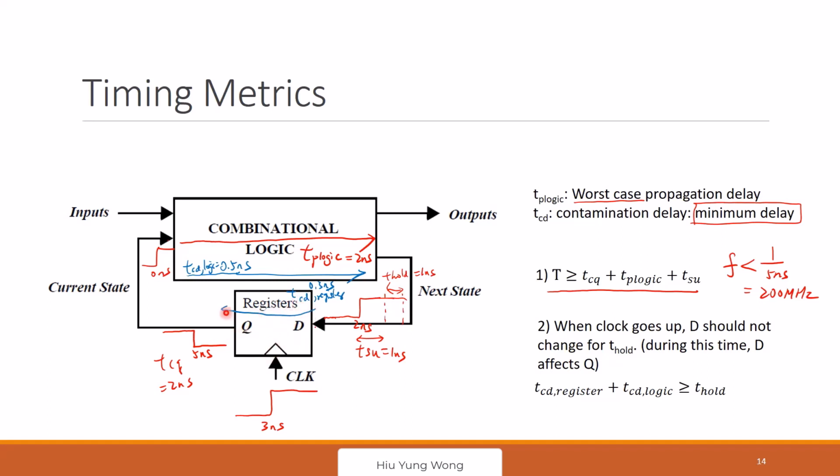Once it goes up, it takes only 0.3 nanosecond, and then you go through the combinational logic for 0.5 nanosecond. So it has not held for 1 nanosecond, and then you fail. That's why another criterion is that your hold time has to be less than the contamination delay. So you cannot be too fast for your logic. That is another problem.